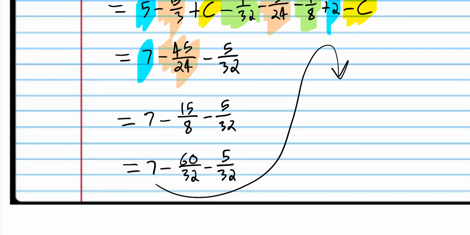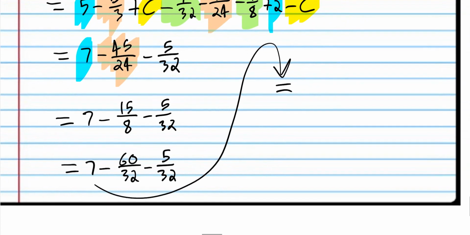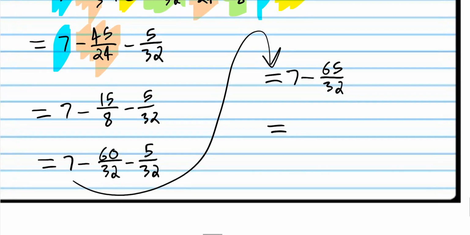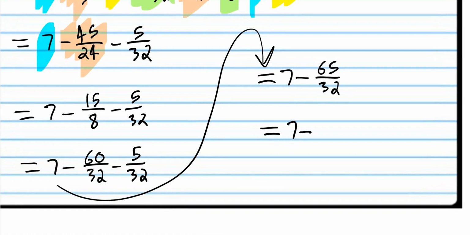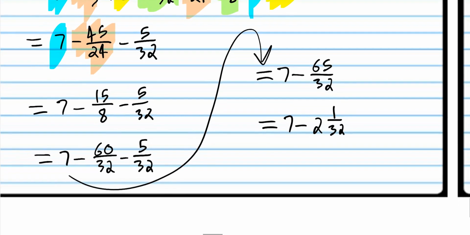And we're out of room, but that's okay. So we have 7 minus 65/32, whatever that ends up being. And 65/32, that's 2 and 1/32.